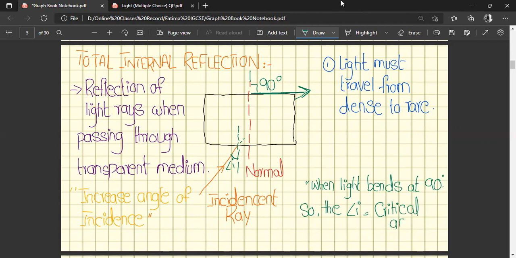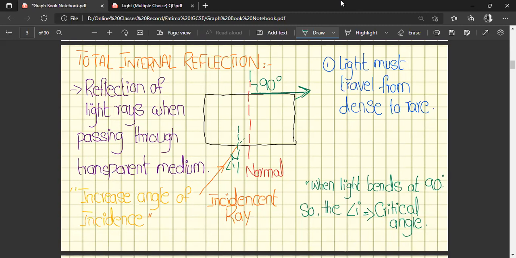So when light starts bending at 90 degrees, rather than saying incident angle, we can say that the incident angle will become our critical angle, right? This is a certain fixed value for every medium. You don't need to remember each and every value for every object or medium.